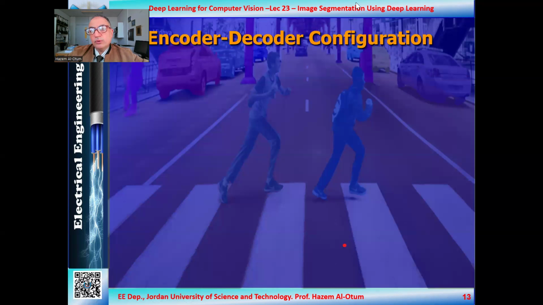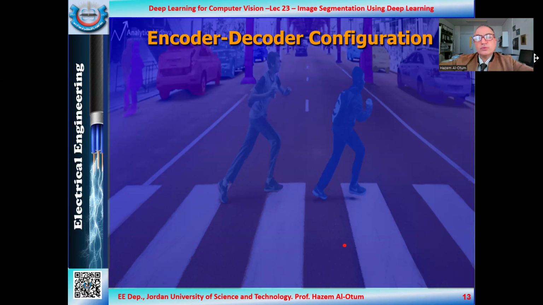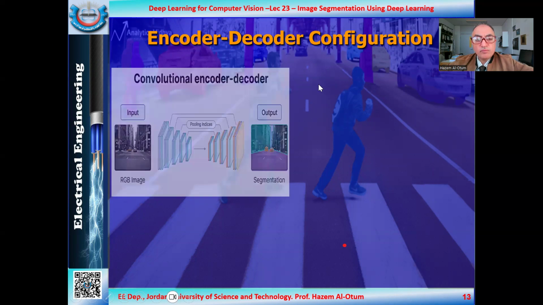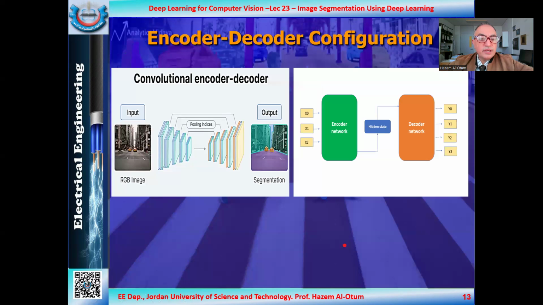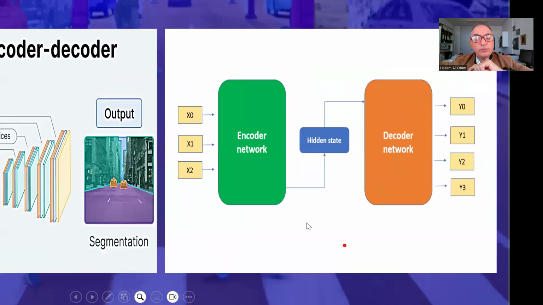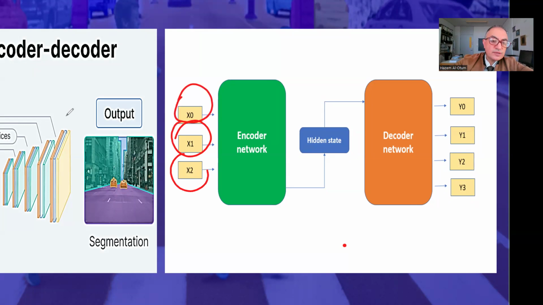Now let's go on. One of the good attempts is the encoder-decoder configuration used for semantic image segmentation. In general, this is the block diagram of the encoder. Here we have the inputs from the image or maybe the data. The encoder network performs feature extraction and feature definition.